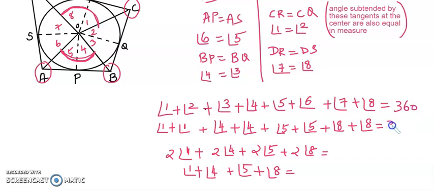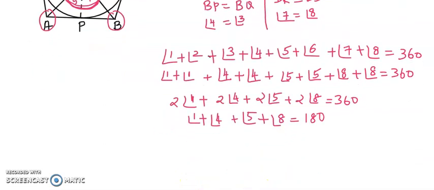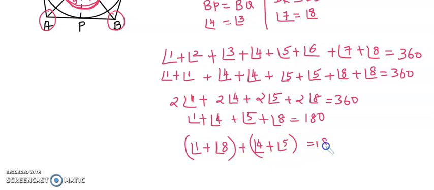Mistake. So when we divide, it's 180. Now angle 1 and angle 8 I should be putting as a group. Angle 1 and angle 8 will be one group, and angle 4 and angle 5 will be the second group, which is equal to 180.